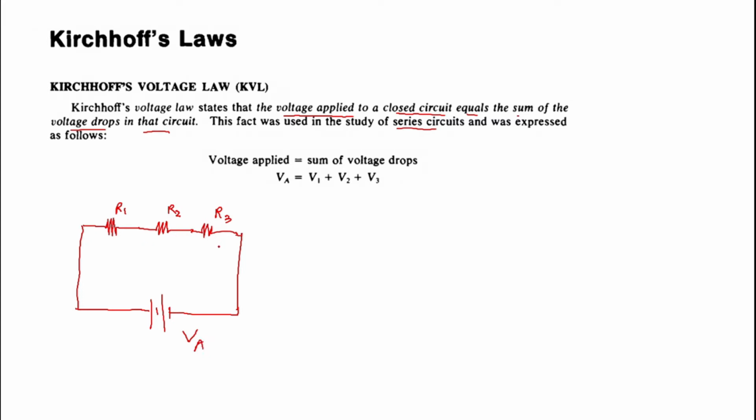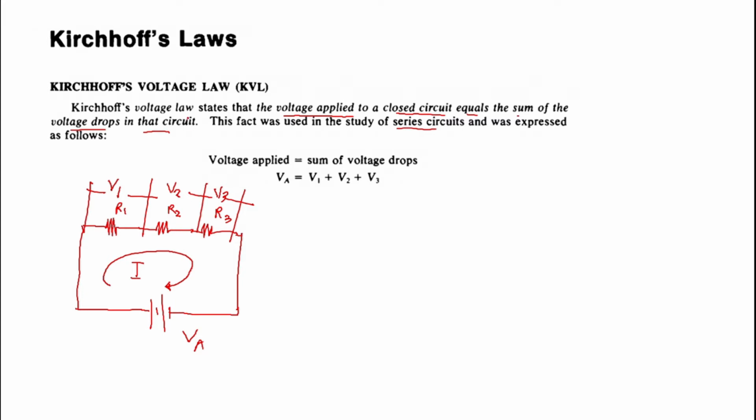And then there is a voltage drop for each component: V1 for resistor 1, the voltage drop across resistor 2, and the voltage drop across resistor 3.